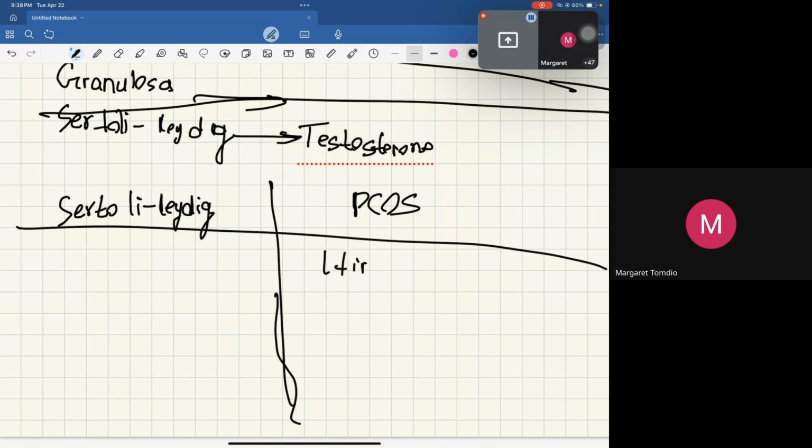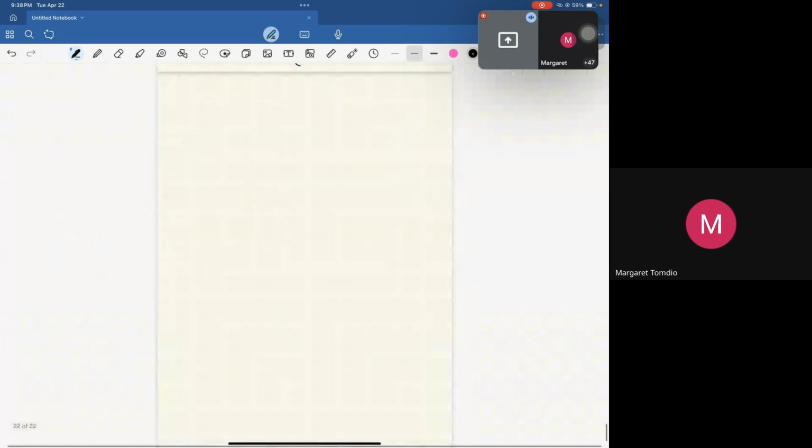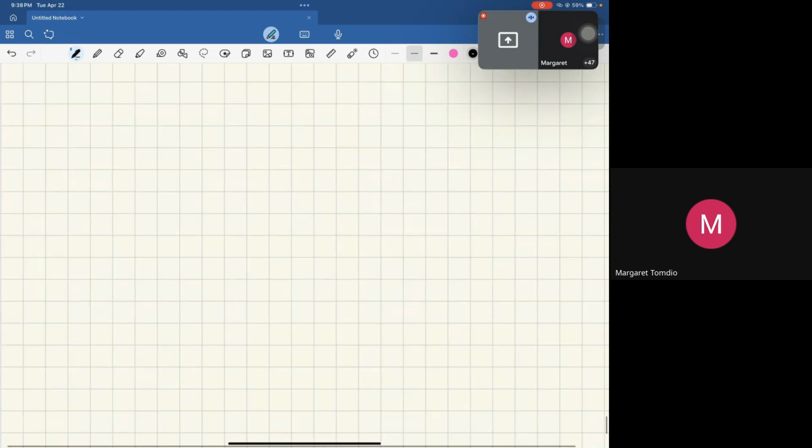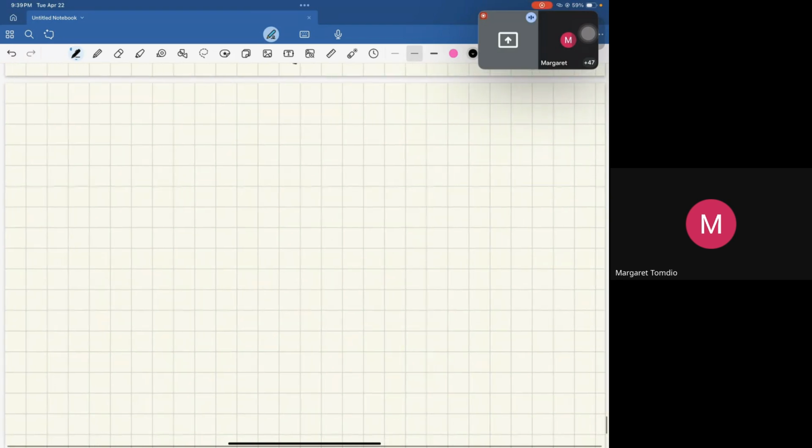So there will be just increased hair on the female body, but at the same time no clitoral enlargement and no voice deepening. If clitoral enlargement and voice deepening are present, then it means there is some kind of ovarian tumor which is producing testosterone. And you already know that the Sertoli-Leydig cell tumor is the one that produces a lot of testosterone.